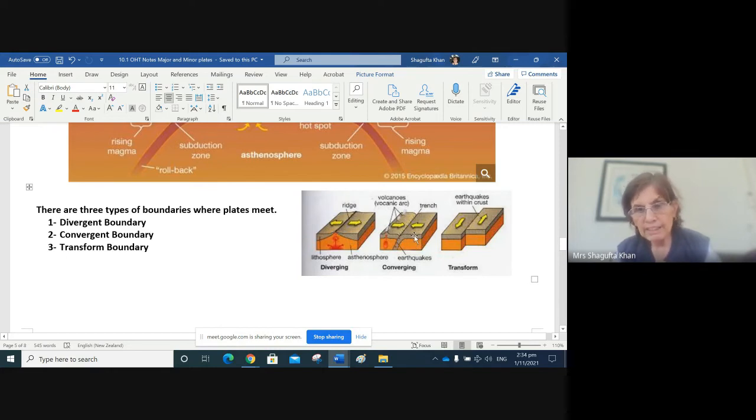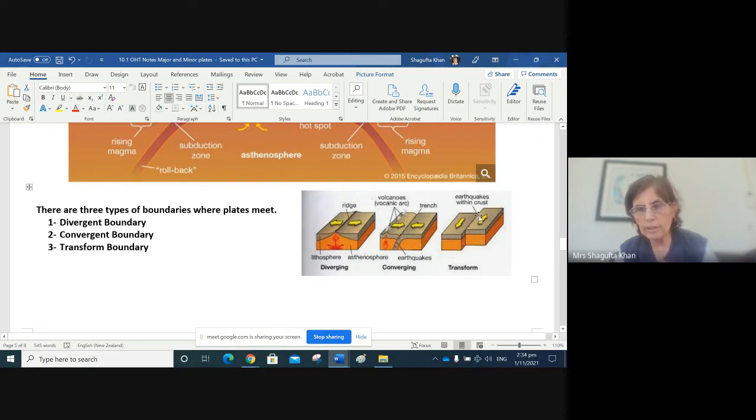Okay. Another thing that can happen is if they have similar density, then both of them will move up. That's what happens where the Indian plate and the Eurasian plate meet. I will go back to the main map and show you that. The third thing that can happen is that plates move sideways.